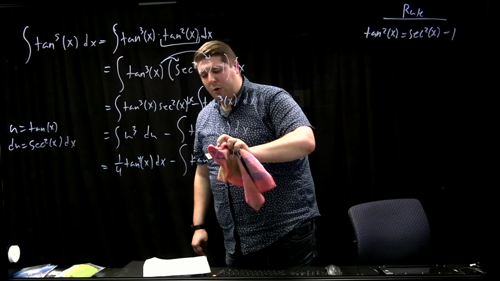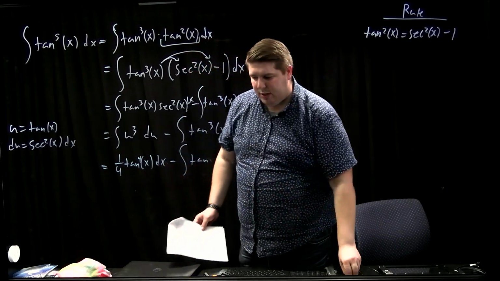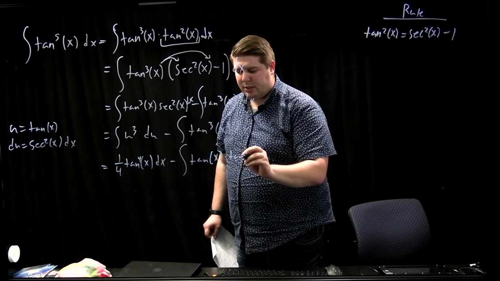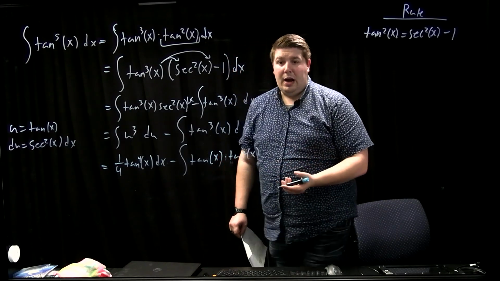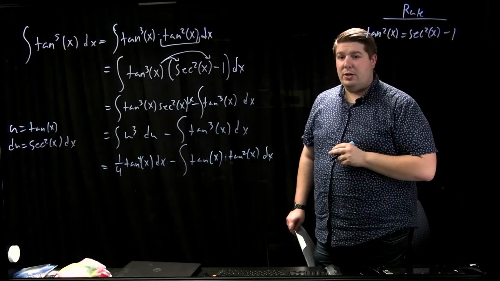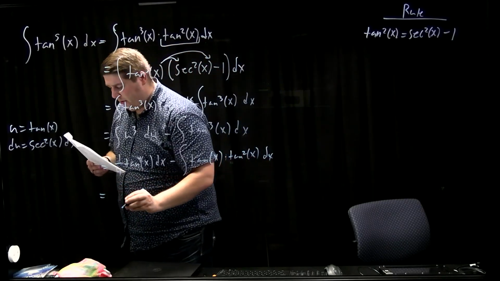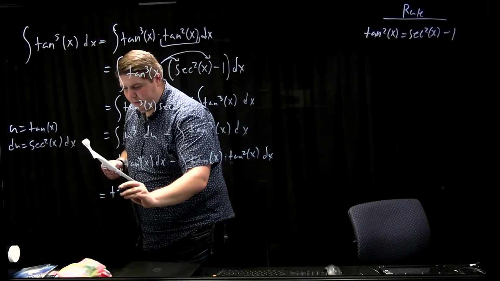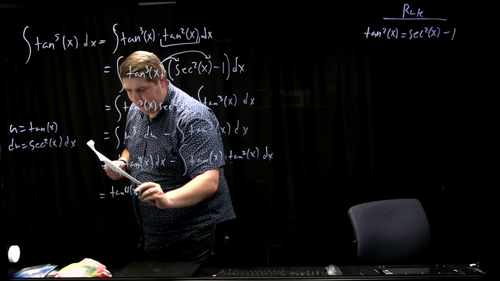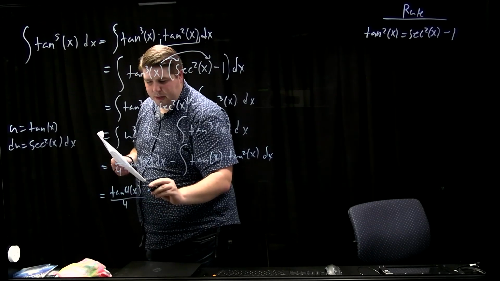This tangent cubed is really just tangent of x times tangent squared of x. And what's the tangent squared of x? Secant squared minus 1. So we end up having a similar situation. I'm just going to rewrite it out. So we have tangent to the fourth of x divided by 4.